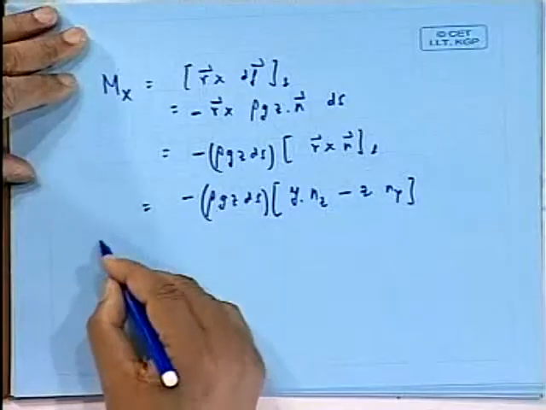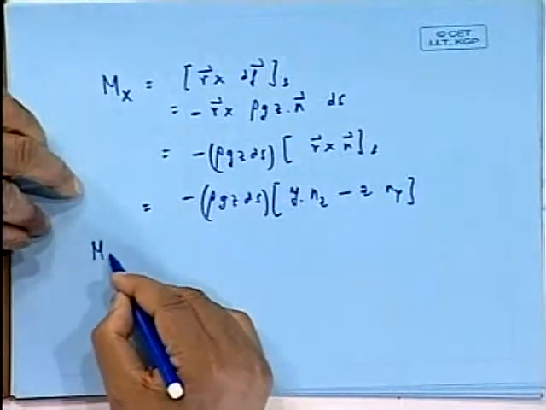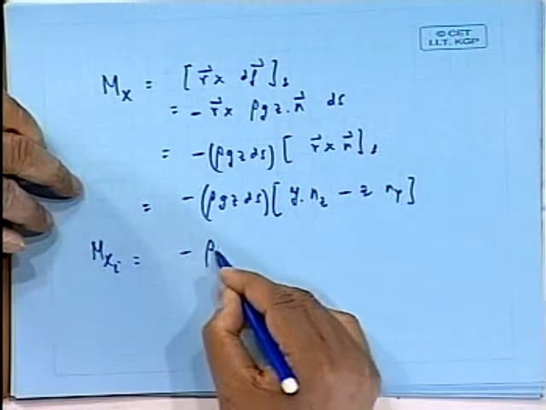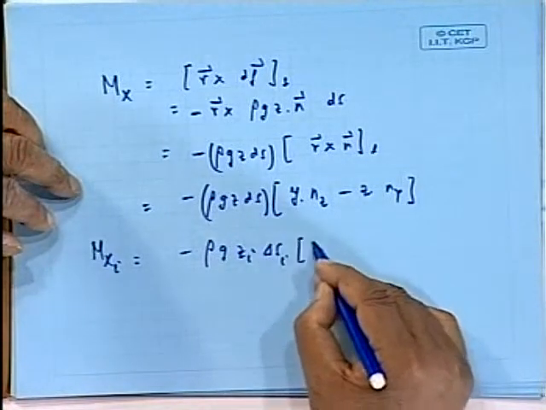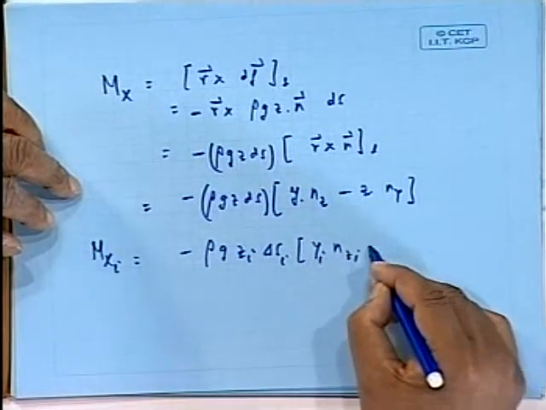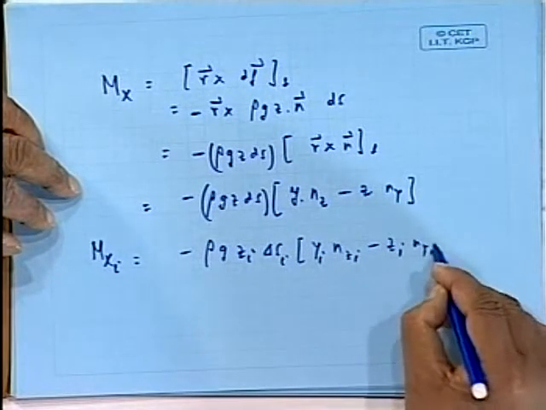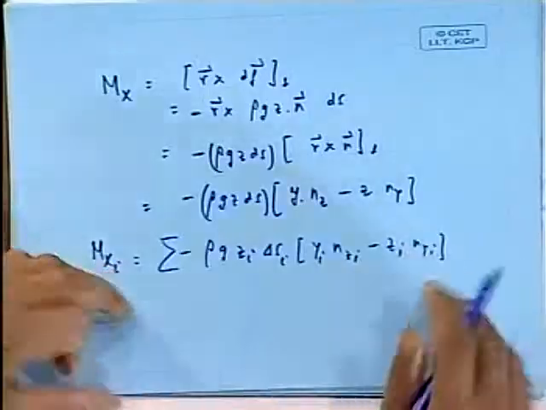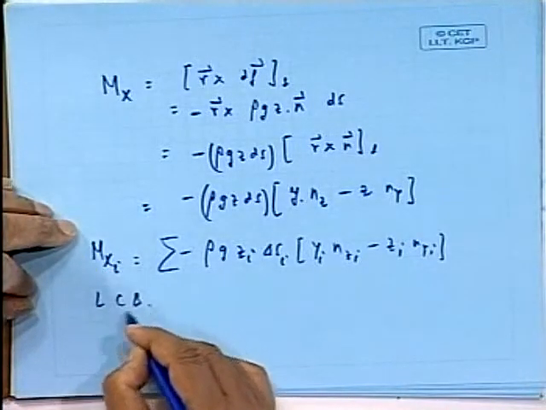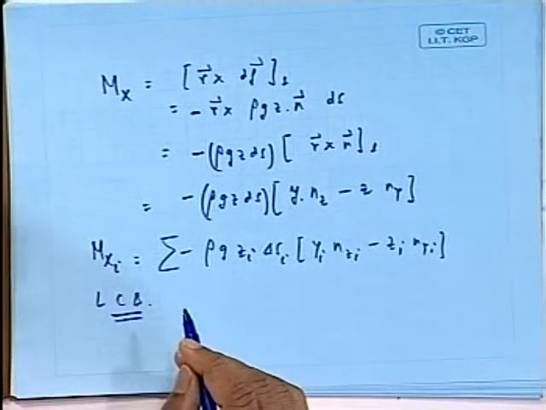Now take a particular point, a particular facet, so I find out the moment of that. mx for the ith facet is nothing but rho g zi delta si times yi nzi minus zi nyi. Just do this sigma. You will get the total moment about the x direction. That's all. Again, a one line calculation. Now you want LCB. That means, what is the centroid?